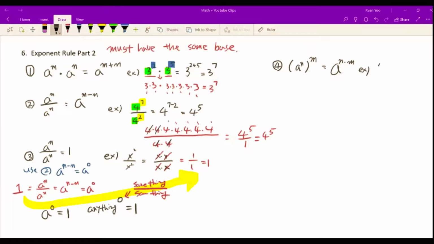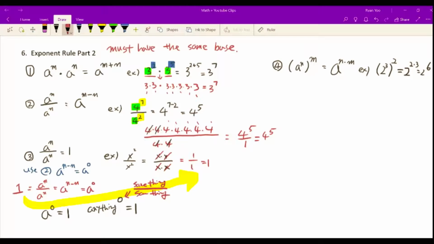If I have 2 cubed, and the quantity 2 cubed is raised to the second power, then we multiply those two exponents. It will become 2 to the 2 times 3, which is 2 to the 6th power.